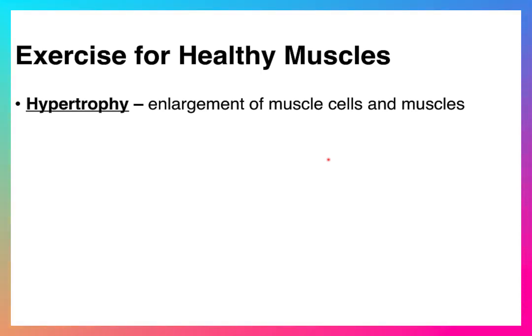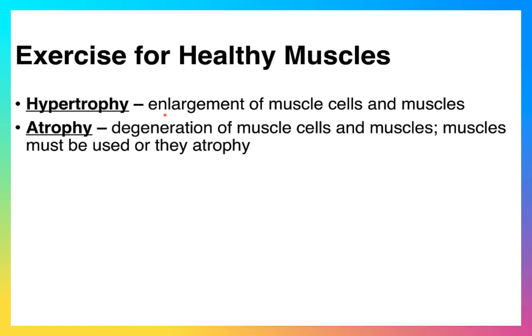Muscle responds by hypertrophy, which means the muscle cells themselves get larger, and that means the muscles get larger. Hyperplasia, which does not occur in muscles, is if you increase the number of cells without changing the size of those cells. And so muscles react by hypertrophy as opposed to hyperplasia.